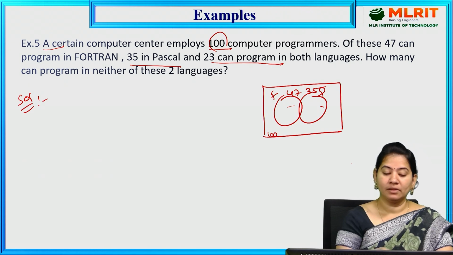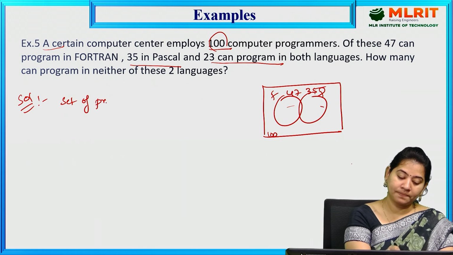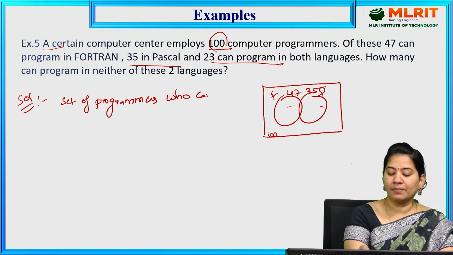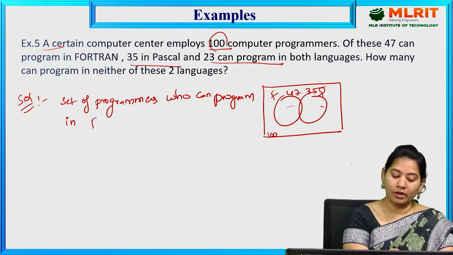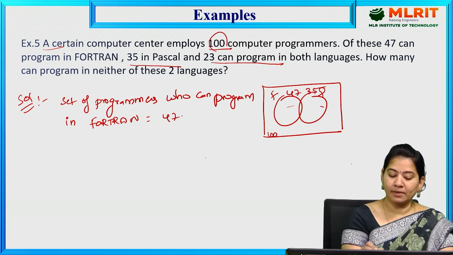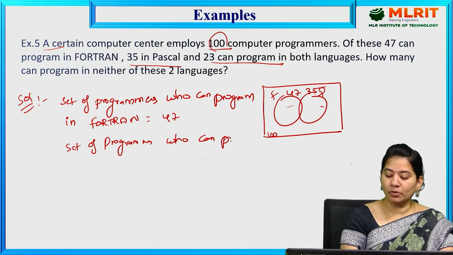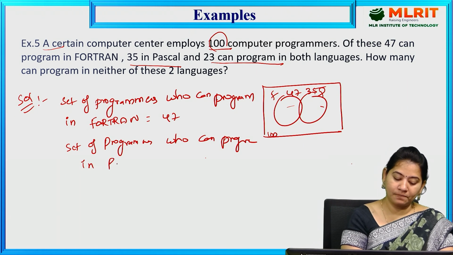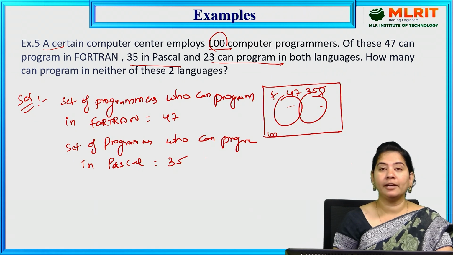First you have to take the set of programmers who can program in Fortran is equal to 47, and the set of programmers who can program in Pascal is equal to 35. So now total 100 programmers are there.